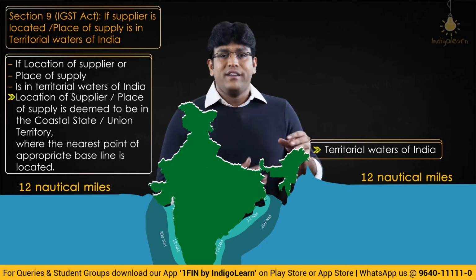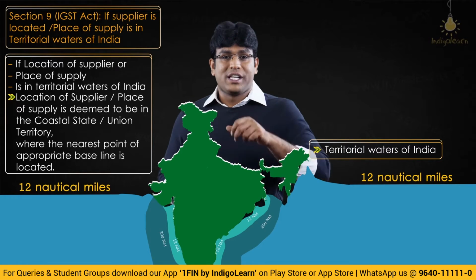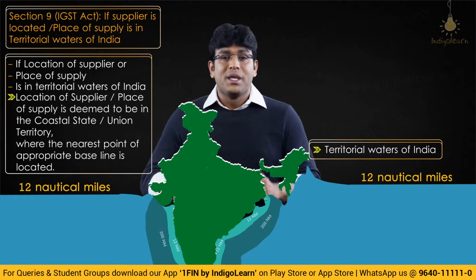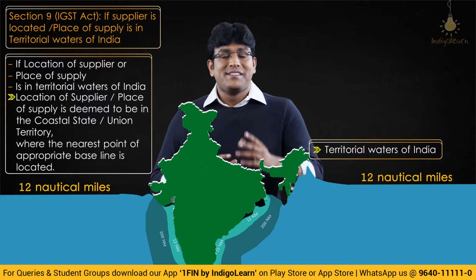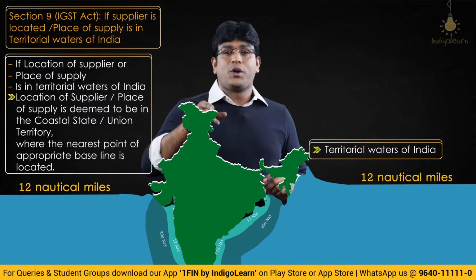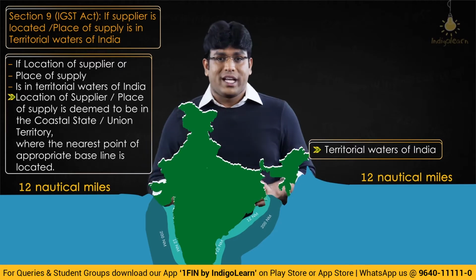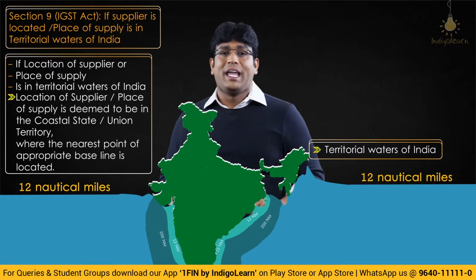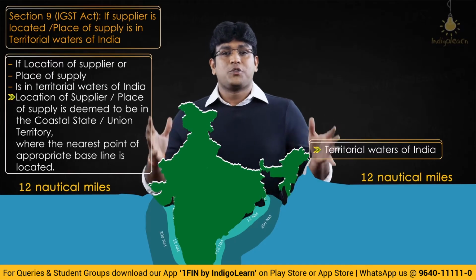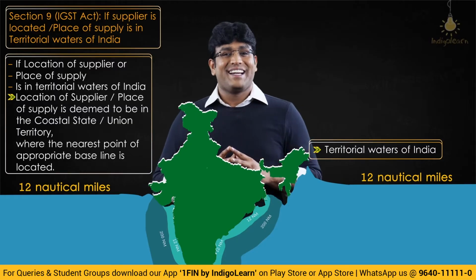That means we will see, from that territorial waters point, what is the nearest coastal state, and that state will become the location of supplier or the place of supply. One more time I repeat, Section 9 has specified that if the location of supplier or the place of supply is in territorial waters, then it shall be deemed to be in the coastal state or UT where the nearest point of the appropriate baseline is located.